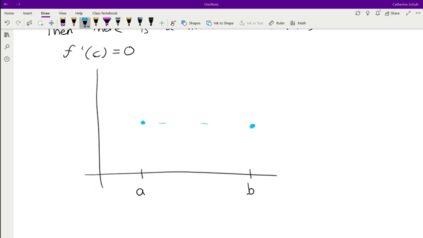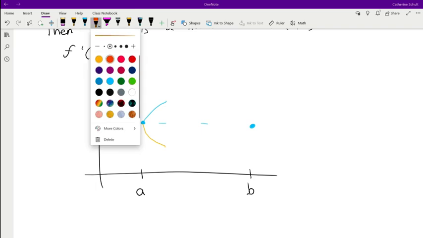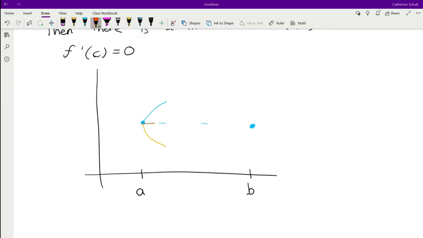Well, there are three ways to start off. If we're at f of a right here, either our function can go up, our function could go down, or alternatively, our function can go straight across.